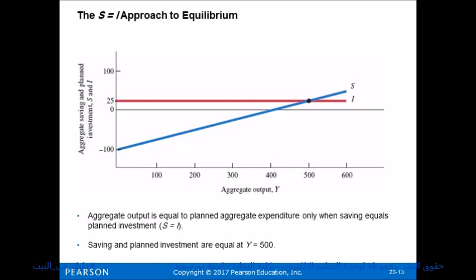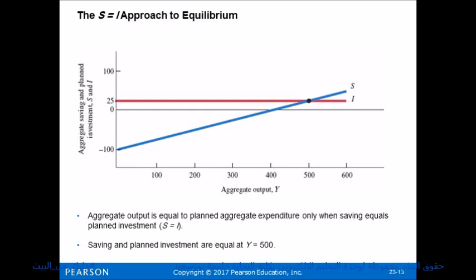As you can see from the graph, basically we have the saving function drawn as an upward sloping line starting at a value of minus 100, and also we have investment represented by the red line, or straight line parallel to the horizontal axis.